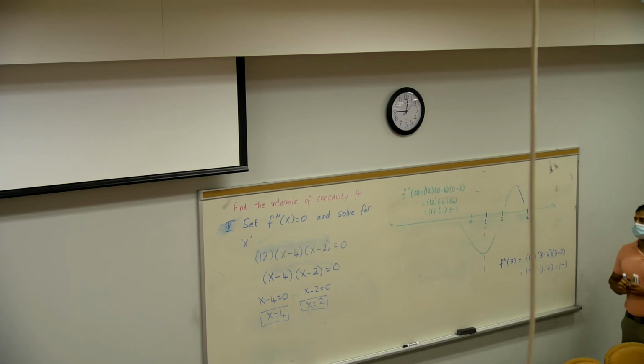But in this case, x equal to 4 is both a point of inflection as well as a critical value, right? So what do we expect to happen?